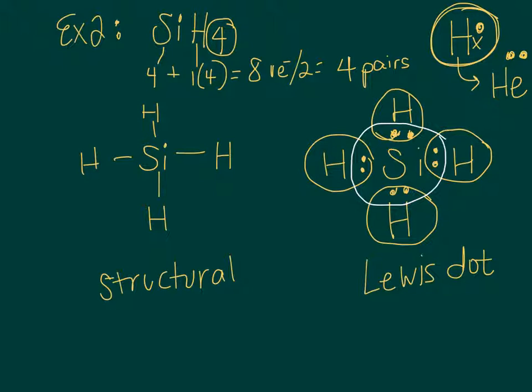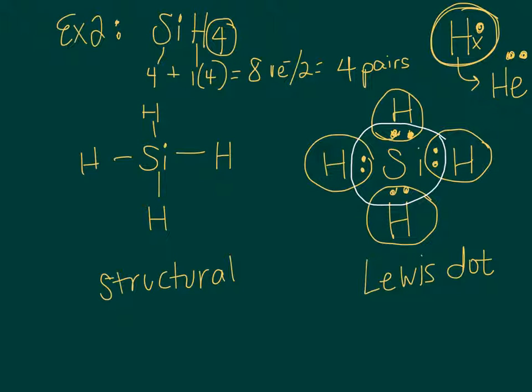When I draw my circle around silicon, you'll notice inside the white circle there are 2, 4, 6, 8 electrons. And so we are finished. This is the structural and the Lewis dot formula for SiH4. And it's as easy as that.